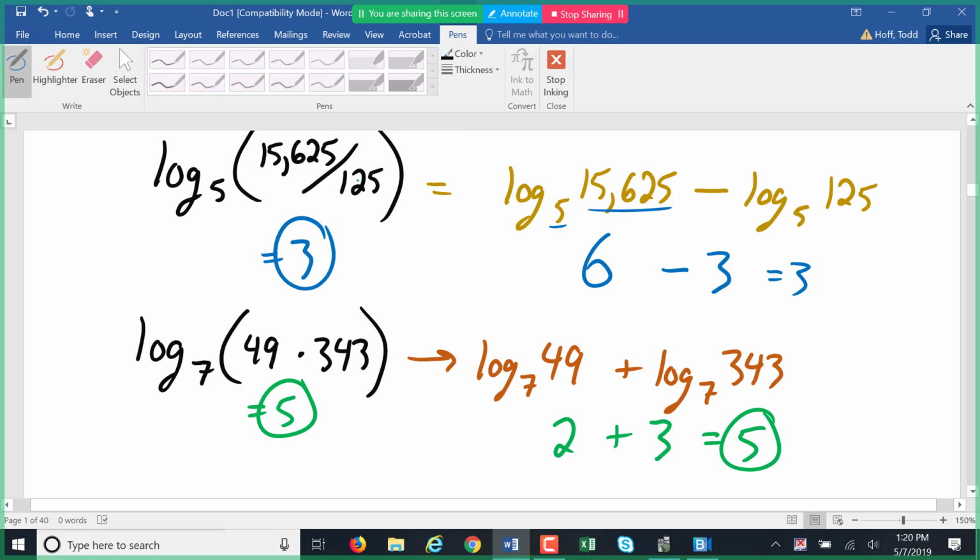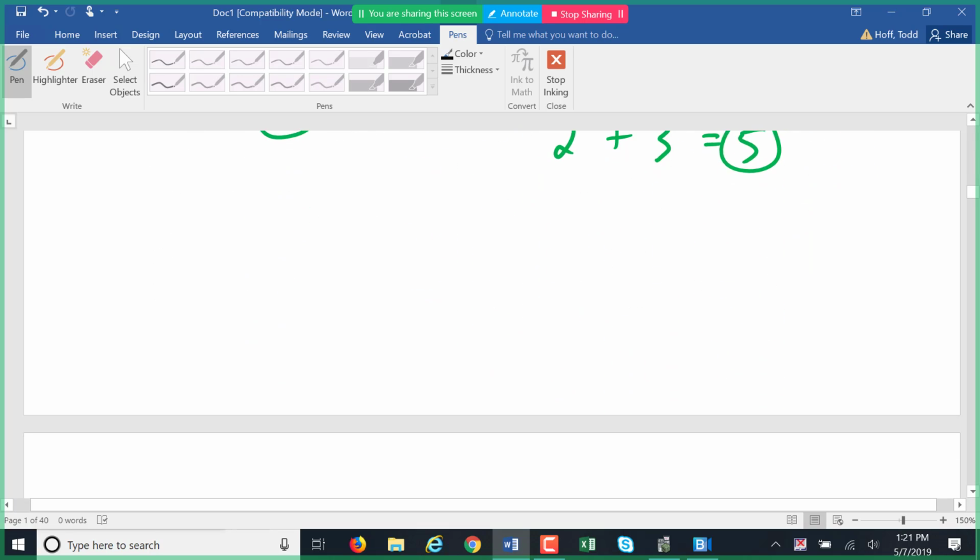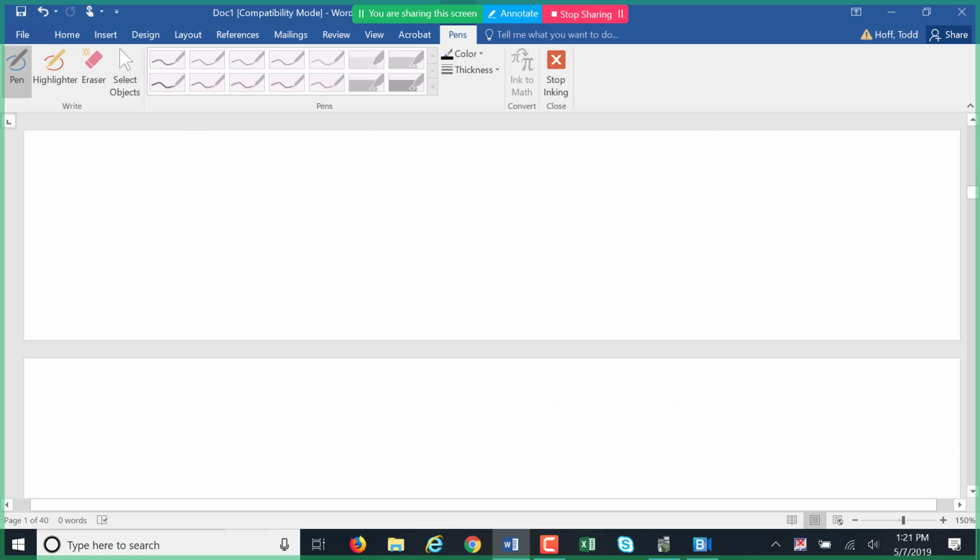Now obviously for calculations, we have the calculator. There's no reason not to just do 49 times 343 or 15,625 divided by 125. We can do that rather quickly. It's when we throw variables in here that it's handy to be able to break them down.